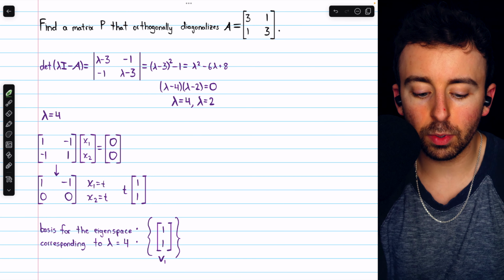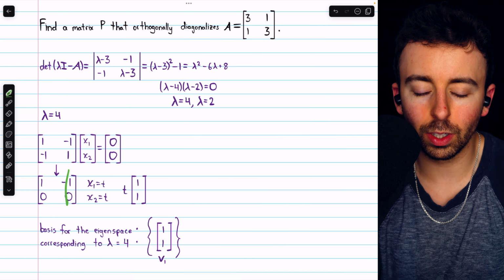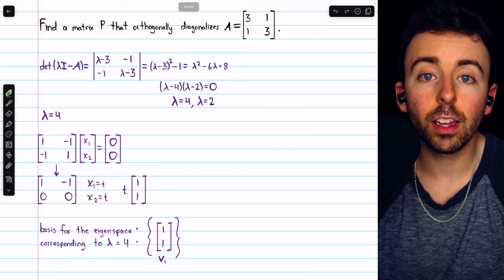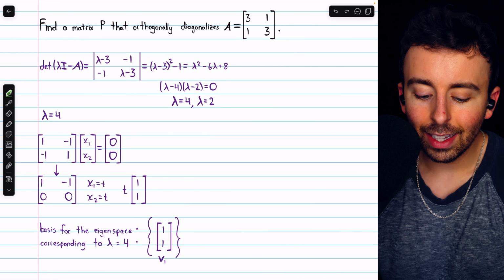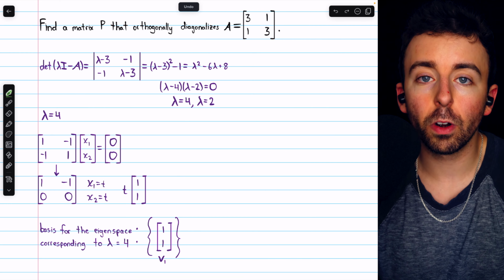We see that column 2 has no leading 1, so x2 is a free variable, say x2 equals t. From row 1, we also have that x1 equals t. And so the solutions can be described like this: t times the vector (1, 1). And that vector (1, 1) forms a basis for the corresponding eigenspace. Let's call that basis eigenvector v1.